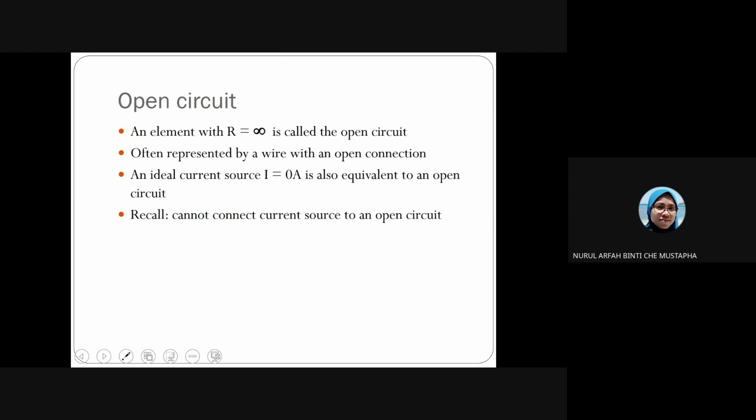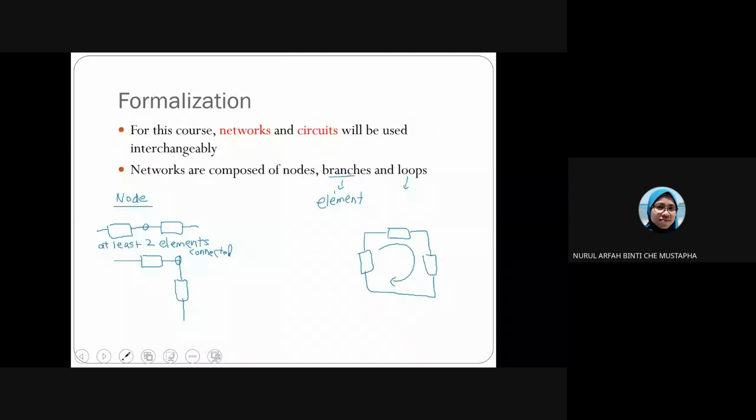Another thing is that you can have a network or circuit. Networks are composed of nodes, branches, and loops. So, loops. When you have a closed loop, current flows in it.